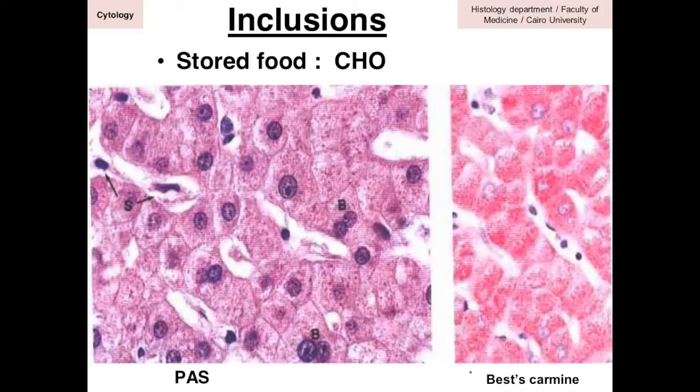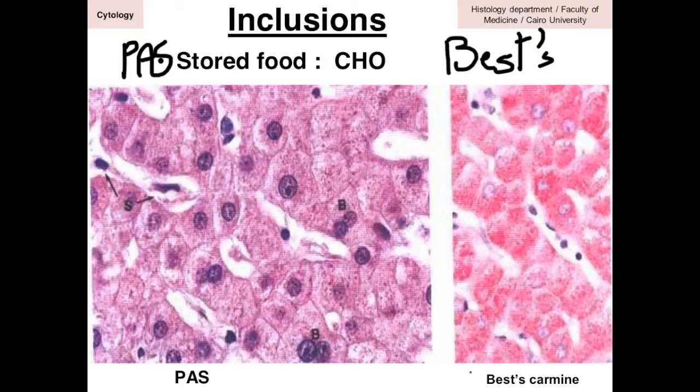On the right side, we have these glycogen granules stained red by Best carmine. And on the left side, it is stained with the PAS.